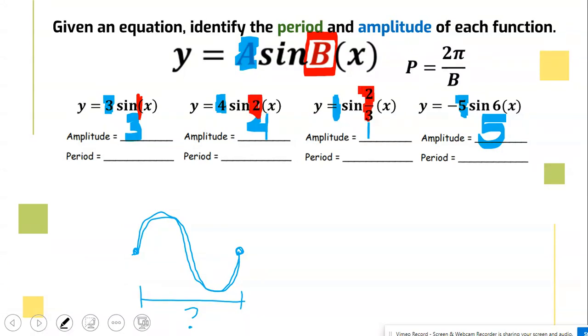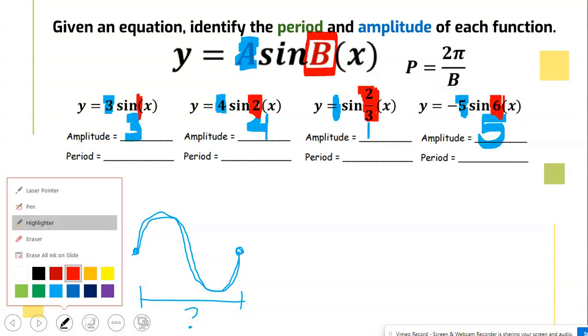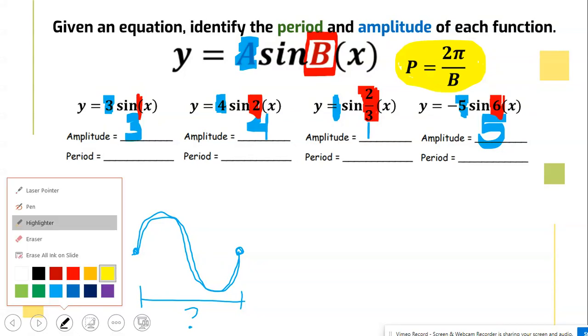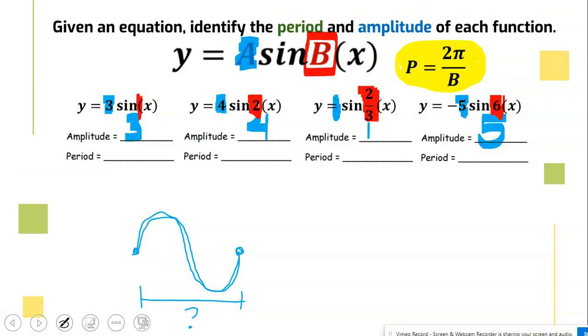And this is going to help us solve, because although we don't have P as a part of the equation, we know that it's related to the period because it's 2 pi over the B value. Period is equal to 2 pi over B. So let's go ahead and solve all of these.